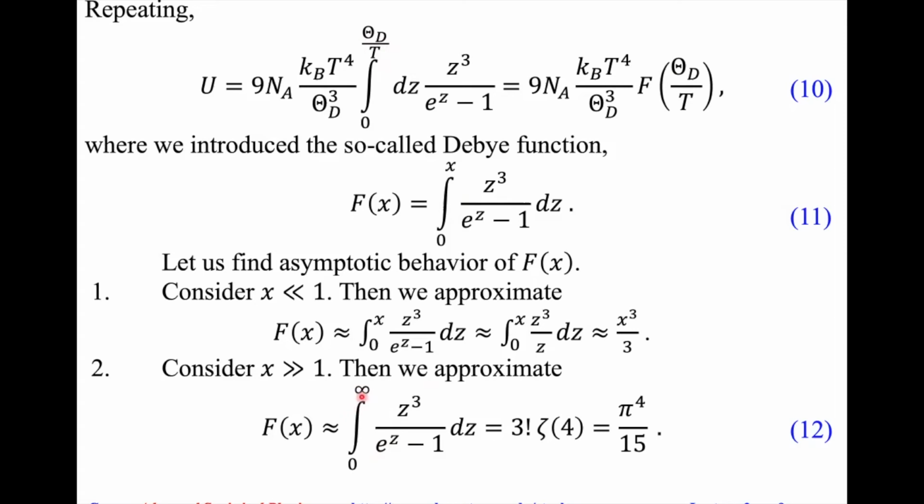Then it becomes a standard function, expressible in terms of the gamma function, the factorial, and the Riemann zeta function, and its value is pi to the 4th over 15. You already saw this number in the theory of photons.